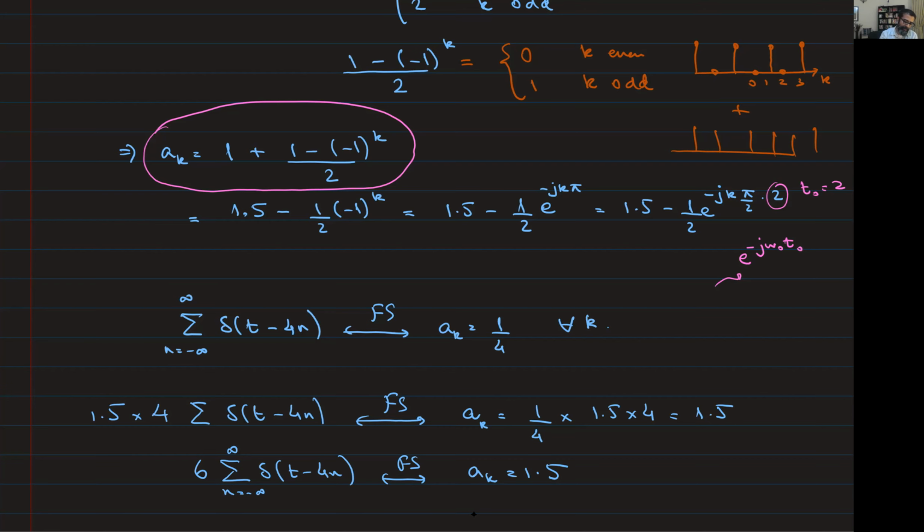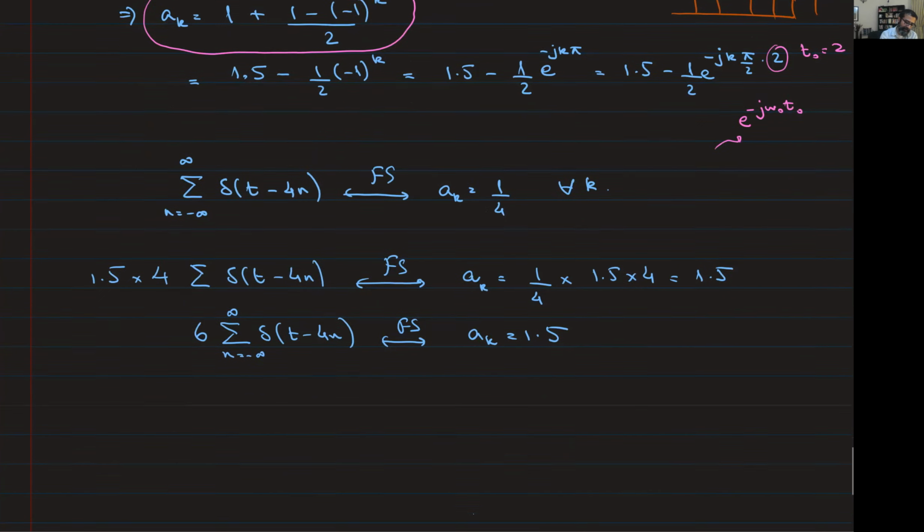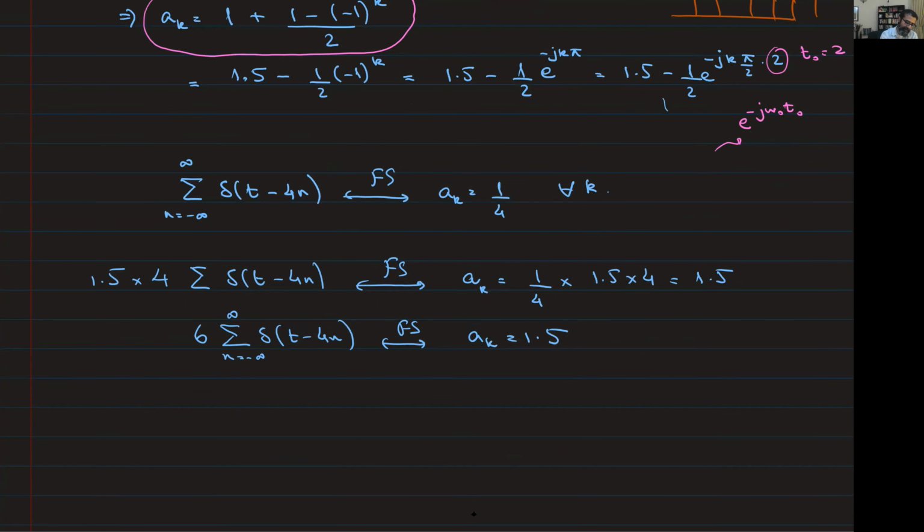All right. But what about this term here? Now just take a look at this. Summation delta t minus 4n, I know the Fourier series coefficients are 1 by 4. I want to make it minus half.